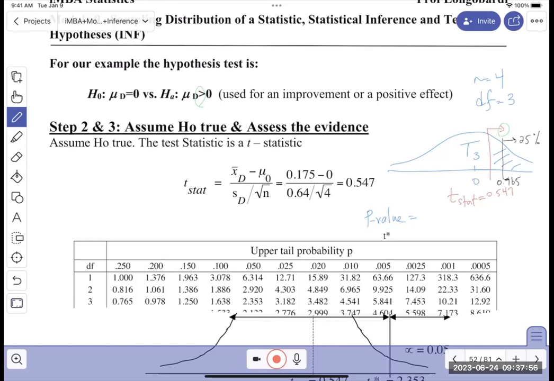No, I don't mean that. I don't want to jump there. I want the p-value. So what's the p-value? Before we go there, certainly we will reject. You're right. The p-value is going to be larger than 0.25.